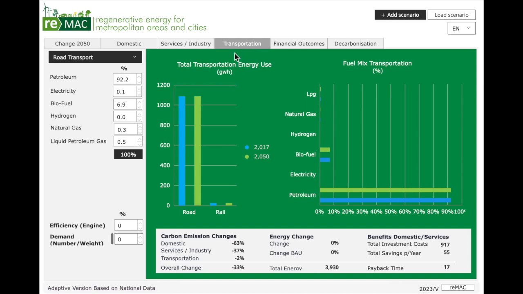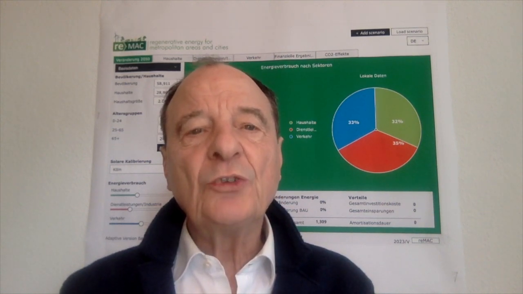The transportation sector is structured somewhat differently. In the transport sector, the focus is on the extent to which fossil fuels can be replaced by non-fossil fuels and how the efficiency of engines and the use of cars is developing.